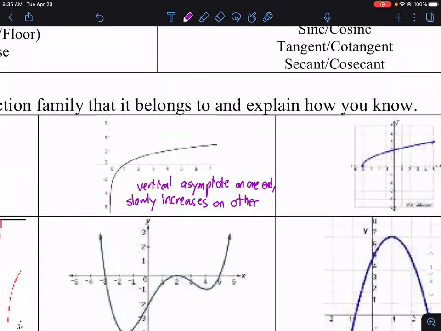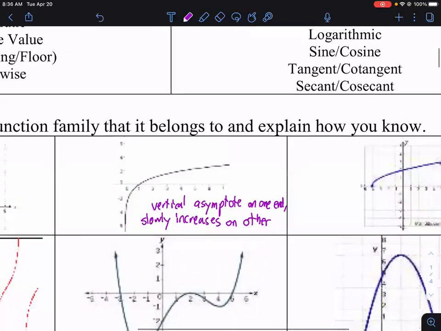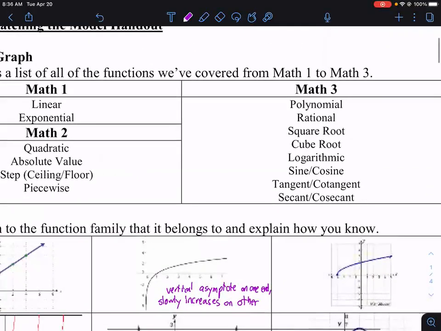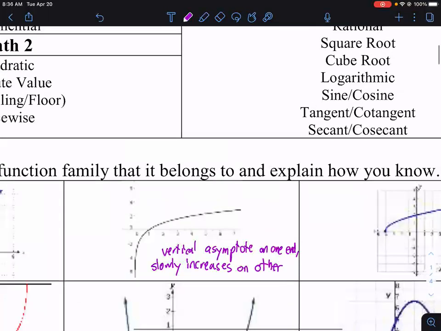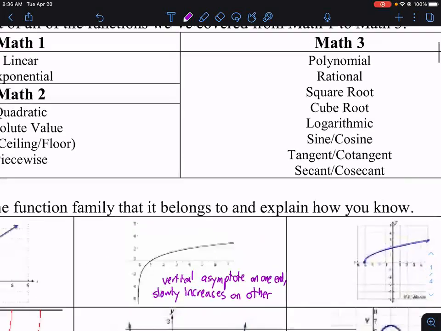All right, so I would say that my description only applies to this one graph, which is what it should always be. Okay, so now looking back at your list of options, maybe someone can remind us what type of function has a graph in which only one end has a single vertical asymptote, while the other end slowly increases forever. Okay, so you can look back through your options.